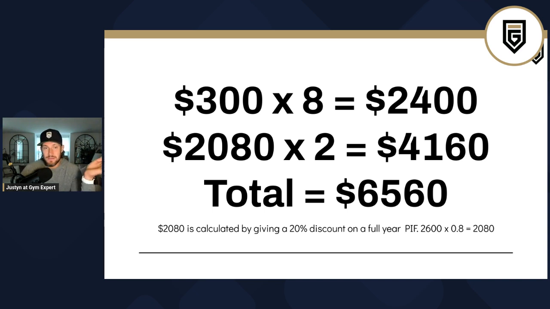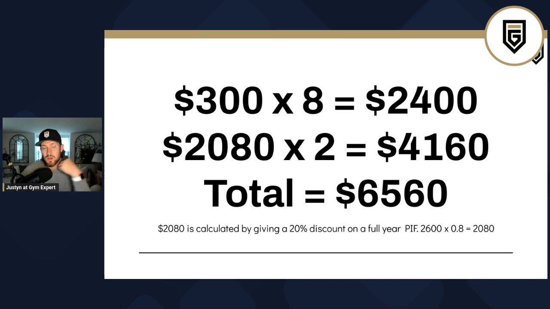So 8 times 300, so our 8 members who are just on their recurring membership, still signed up for the year, they're going to be giving us $300 per person, which is going to equal $2,400. Okay. And the 2 that are paying in full are going to be giving us $2,080 each, which equals $4,160.